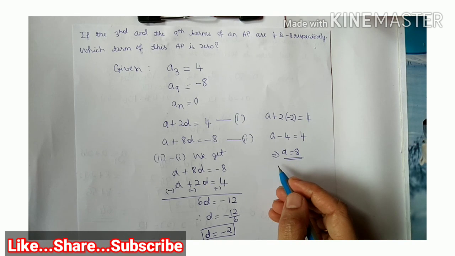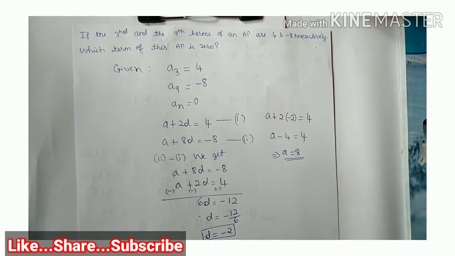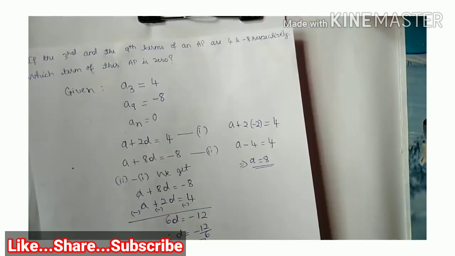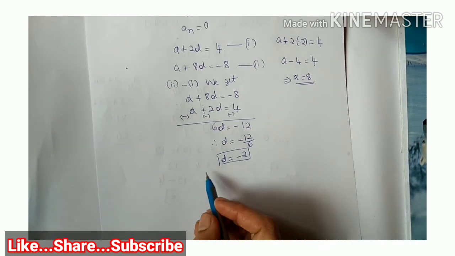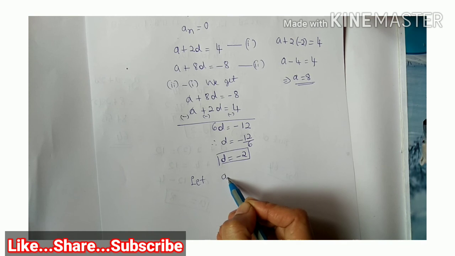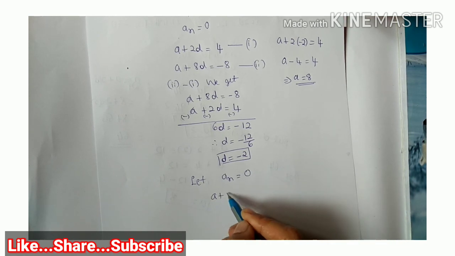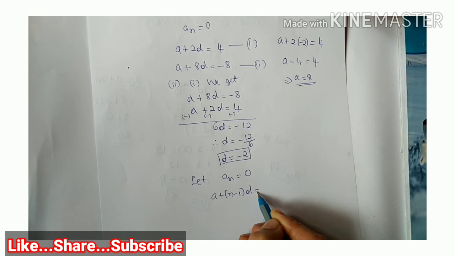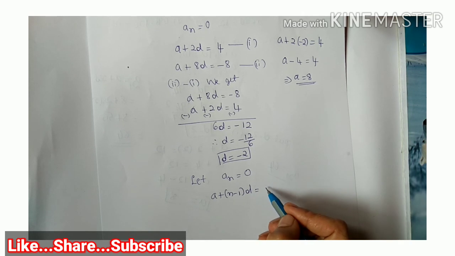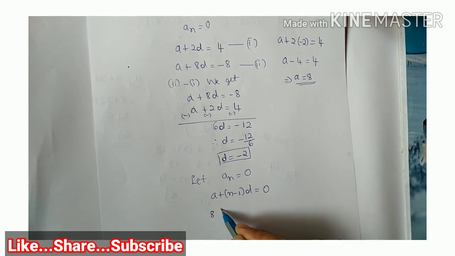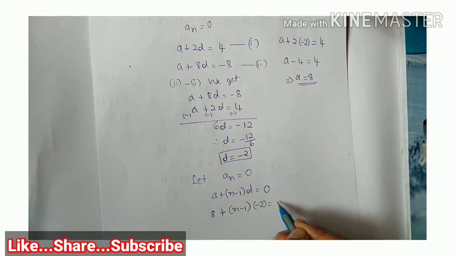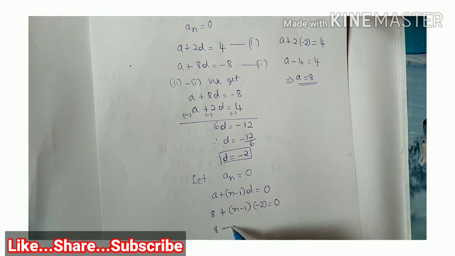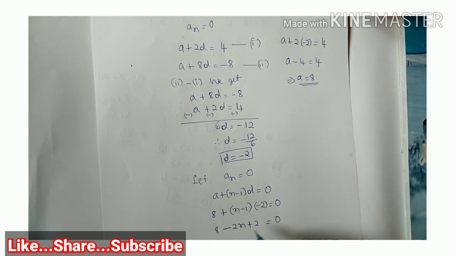We have to find whether there is any n for which an is 0. Let an be equal to 0. a plus n minus 1 into d: a is 8 plus n minus 1, d is minus 2, is equal to 0. 8 minus 2n plus 2 is equal to 0.